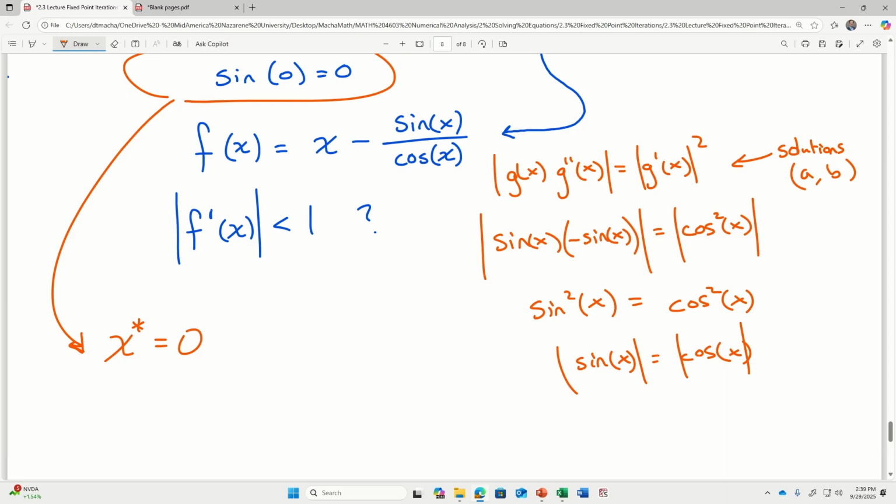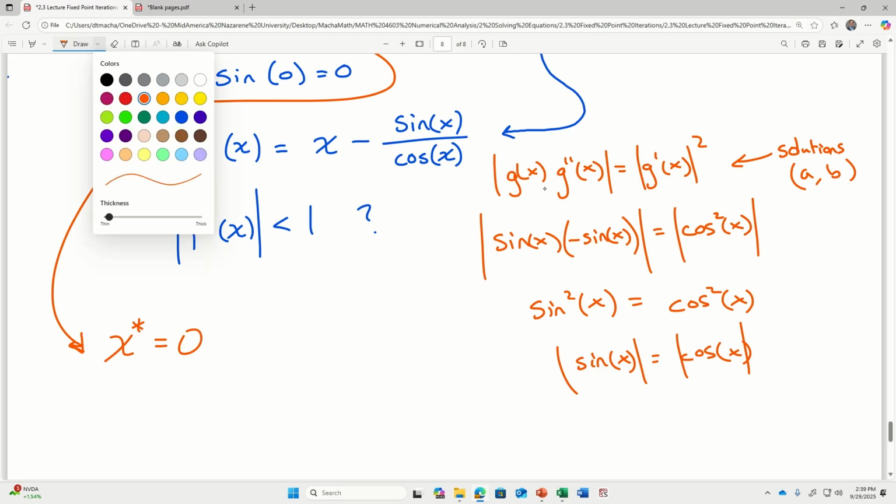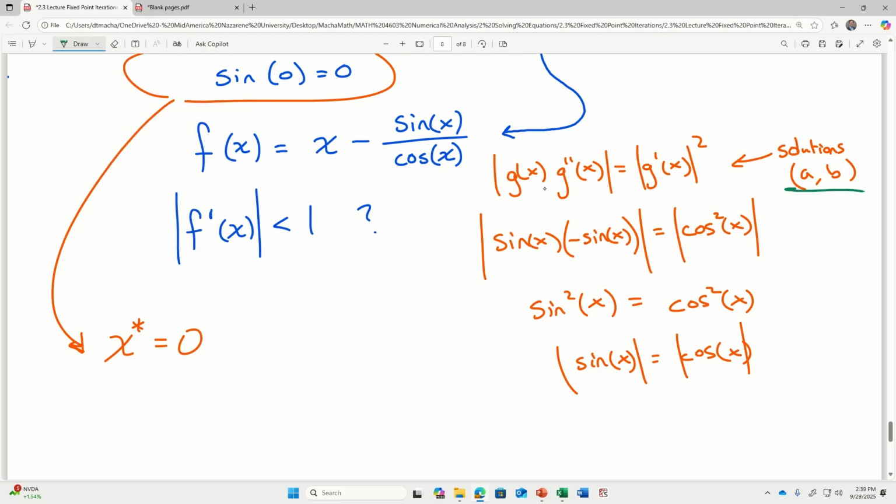If the fixed point is equal to 0, then I'm looking for solutions of this equation in order to find my a and my b that are near 0. So what are solutions to this equation near 0?